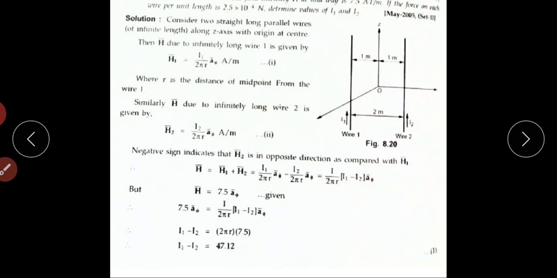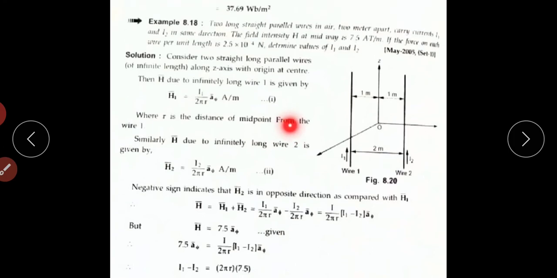Okay. If we find the magnetic flux direction between the conductors by applying the right hand thumb rule, the magnetic fluxes between the conductors are in opposite directions. That's why the resultant magnetic field intensity equals H1 minus H2. So finally, this is the total magnetic field intensity expression.